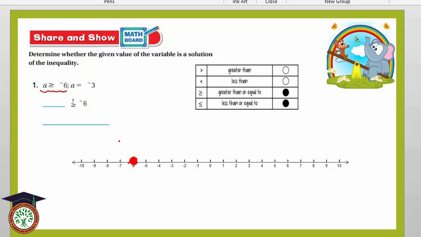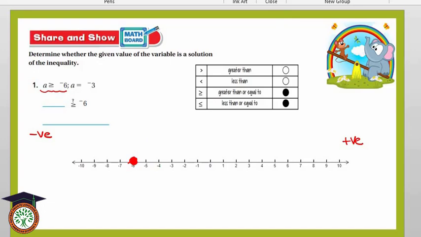How can I decide? I will go back and look at my inequality. Here it says a greater than or equal to -6. So you know that greater than, we will move on the positive side of the number line. Less than, we are going to move to the left or the negative side of my number line.